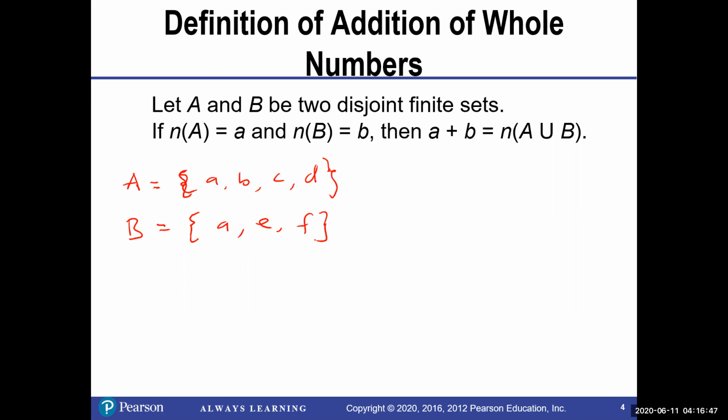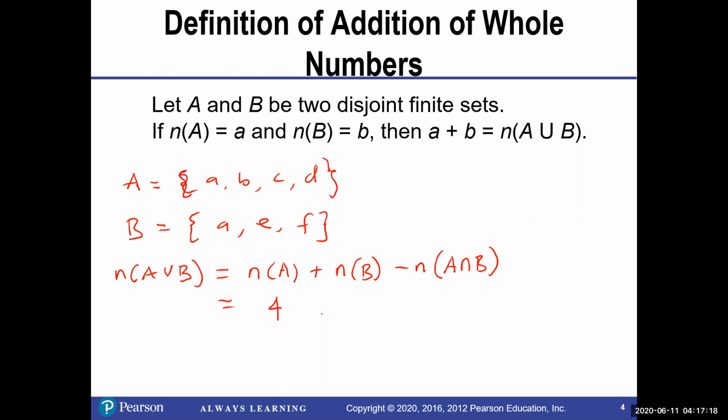And then I'm asked to find n of A union B. A union B means I need to add the two sets. And don't forget my formula: n of A plus n of B minus the intersection. Now what is n of A? n of A is the number of elements in A, right? How many are there?